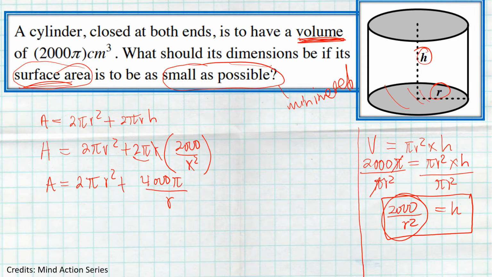Divided by r exponent 1 there, right? So now we have managed to express our surface area that we need to minimize in terms of one variable, right? We can just write this equation properly such that we can derive.